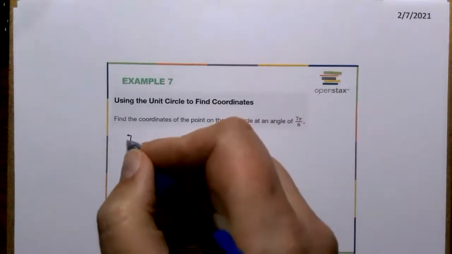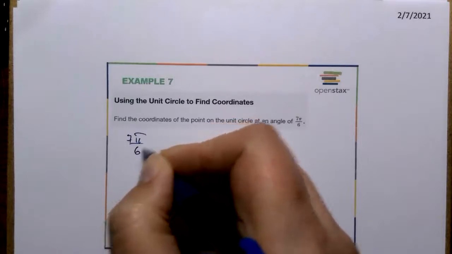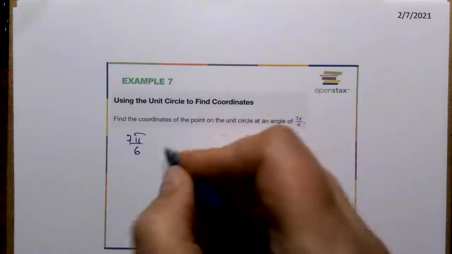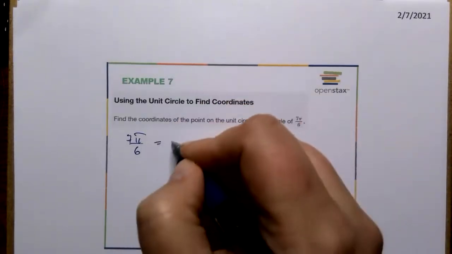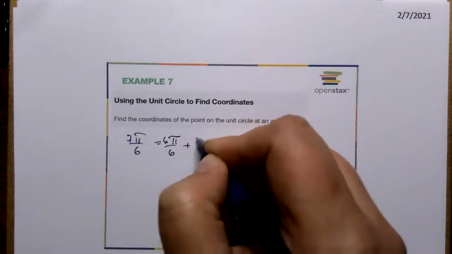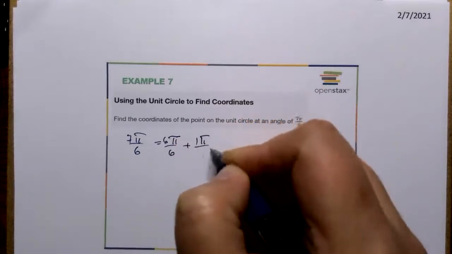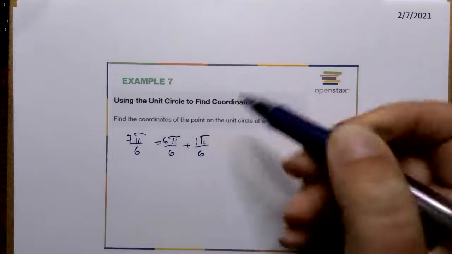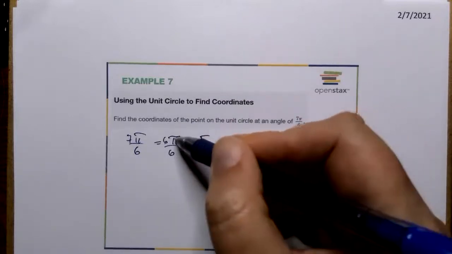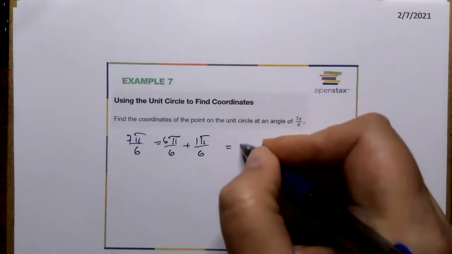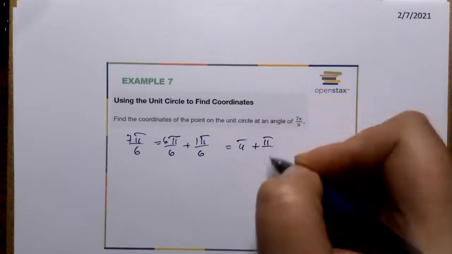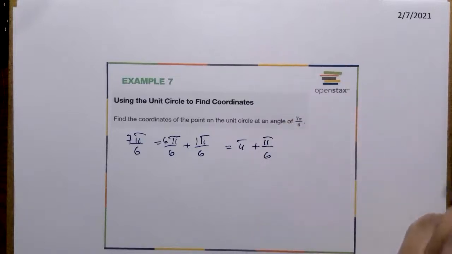So again, just by looking at this algebraically, we know that it's 6 pi over 6 plus 1 pi over 6, right? That will give us 7 pi over 6. And 6 pi over 6 is just pi. So it's basically pi plus pi over 6, right?